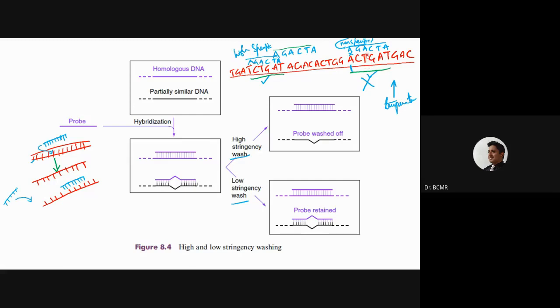So with probes, this is something one has to pay attention to when you're doing any of the blotting techniques or hybridization. This is to avoid non-specific interactions between probe and the test sample, but also retain the highly specific base pairing as well.